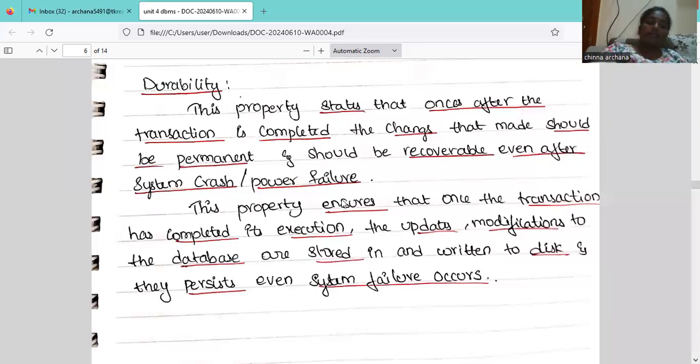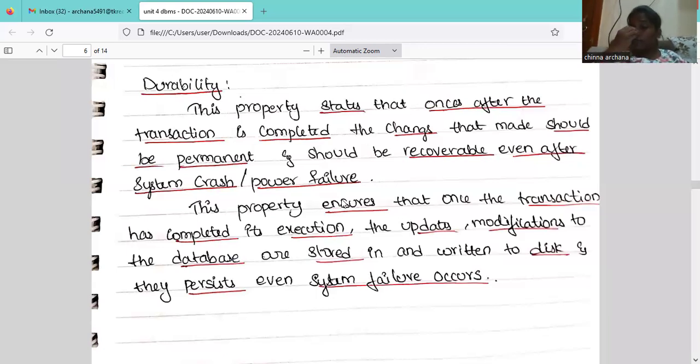This property ensures that once the transaction has completed its execution, the update modifications to the database are stored in and written to the disk. So once the commit has been done, all the changes made in the transaction, due to whatever instructions the values have been changed, are reflected onto the disk.